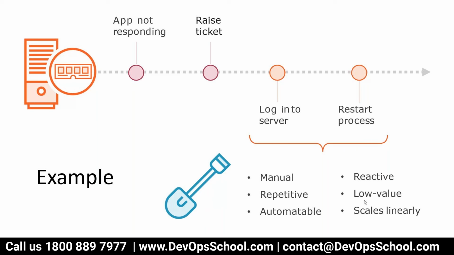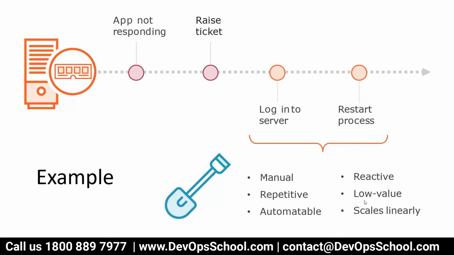You logged into the server manually, and this keeps happening repeatedly. Can we automate it? Yes, probably. Restarting the process is reactive. Is restarting a process really high value work? No. And you will have lots of challenges when you scale the environment, let's say 50 servers, 100 servers, 200 servers. So this is a toil.